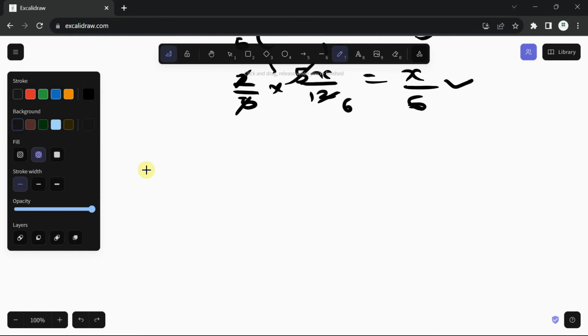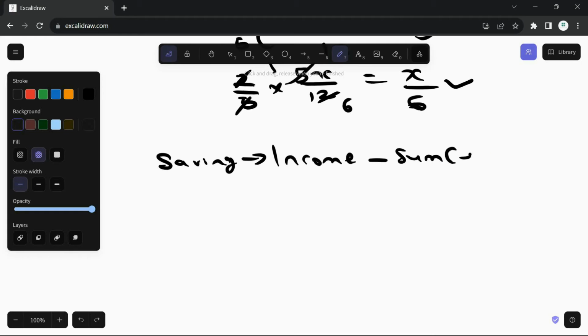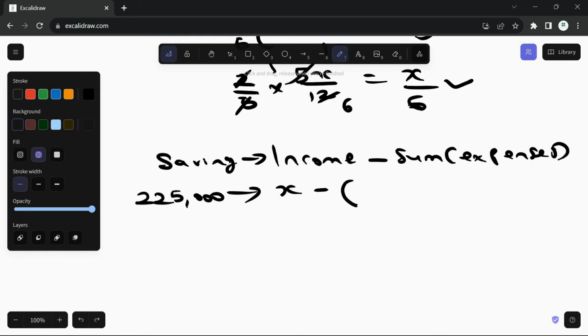So that means her savings was equal to the income that she had minus the sum of her expenses. The savings is 225,000, and her income is x minus the sum of all her expenses.